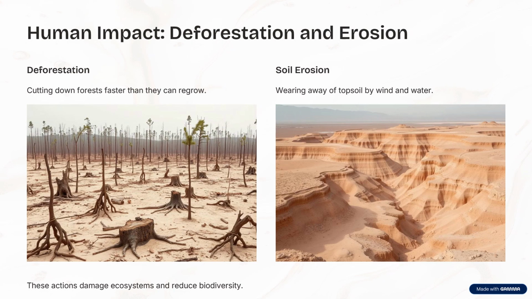The next point, human impact, deforestation and erosion. Deforestation is cutting down of the forest faster than they can regrow, as you can see in the picture. Second, soil erosion. Soil erosion is the wearing away of the topsoil by the wind and water.